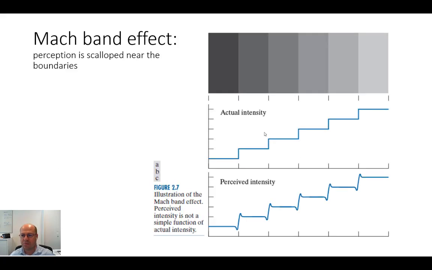One of them, that's a typical illusion that we see, is called the Mach band effect. If you look closely at the limiting points between these sections of distinct shades of gray, you can see that it appears to be concave, but the actual intensity is constant.